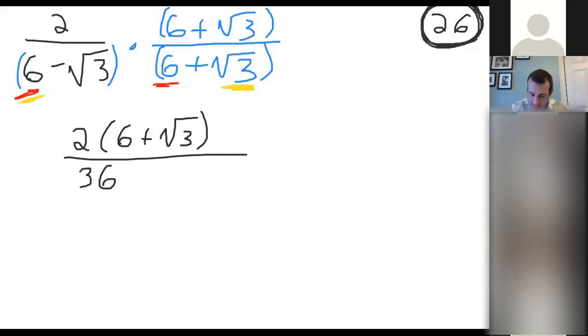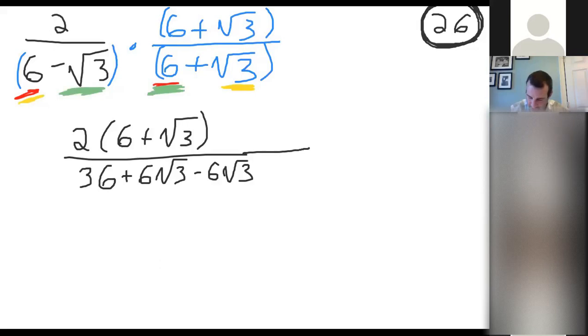So 6 times square root of 3 is 6 square root of 3. Plus the inner two. So this is a negative square root of 3 times a 6. So that's negative 6 square root of 3. And then the last two.